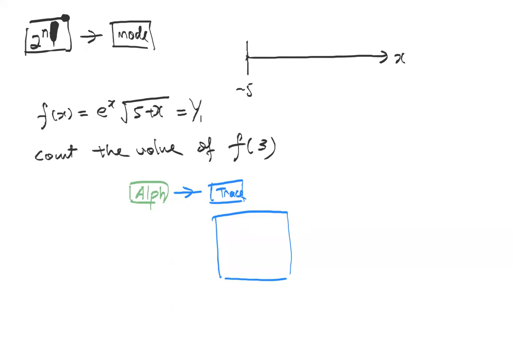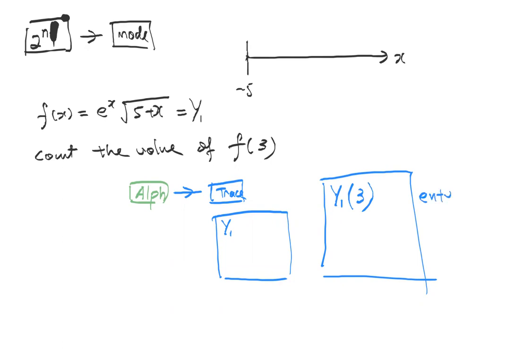Okay, so your function is in Y1, correct? So select Y1. So after that, on your screen, Y1 comes out. Am I right? Okay, you put the bracket. You type in 3, close, then you press enter. Do you get the value? Yes.